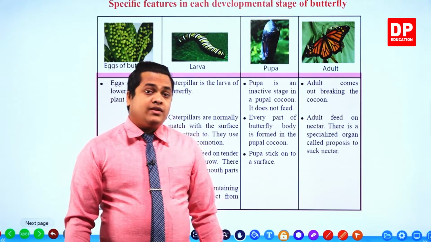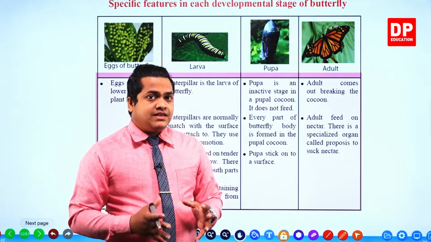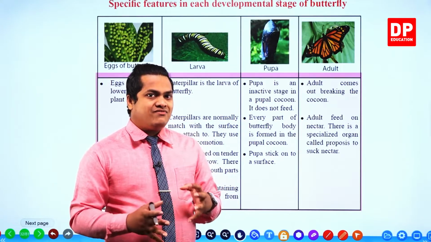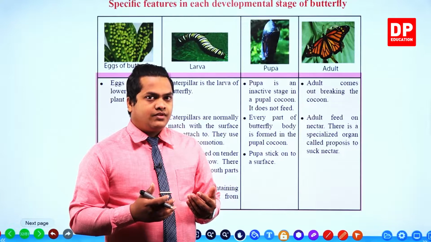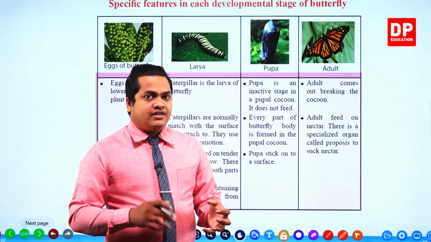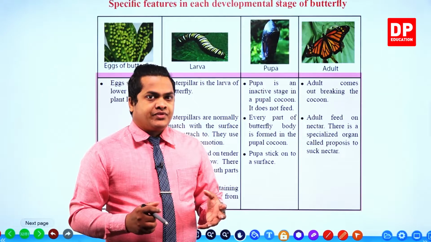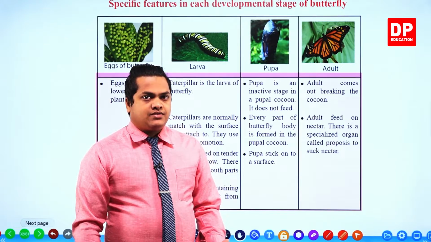I told you at the beginning of the lesson, my dear children, most of the times these caterpillars are showing similar color to the environment color that they are living on, right? Especially this feature, we refer to as camouflage. So camouflage can be observed within the caterpillars.